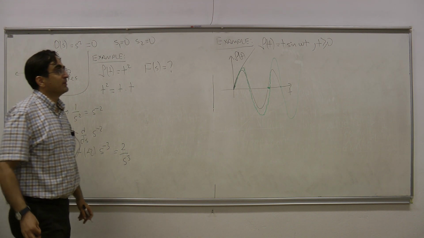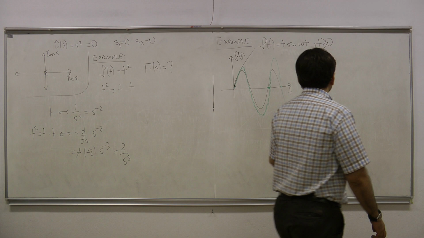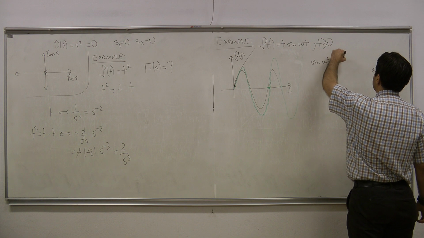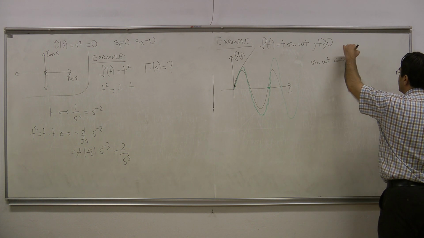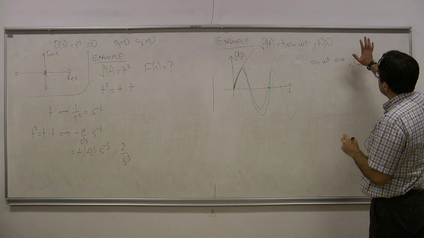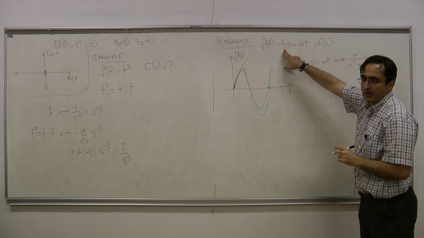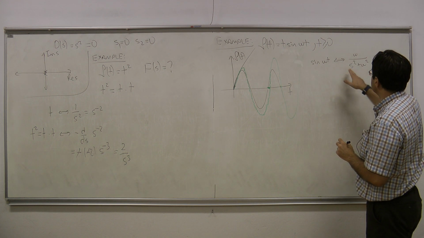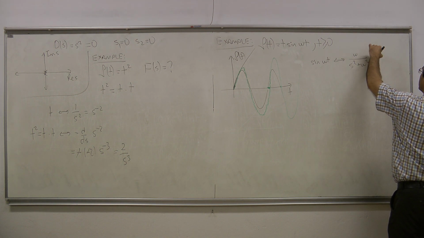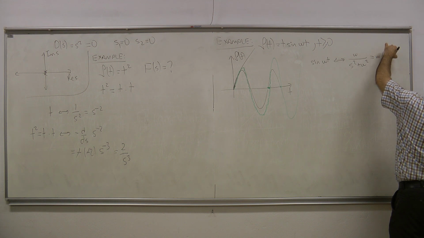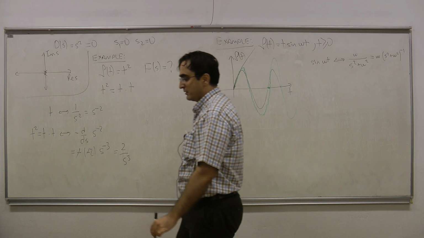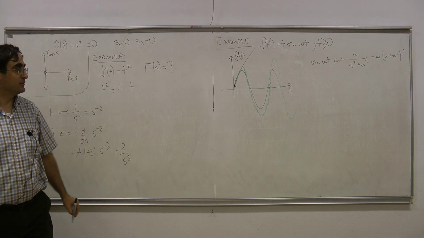So in this case, what is the Laplace transform of this function? I need to look at the Laplace transformation of sine omega t. It is going to be omega over s squared plus omega squared. So we see that if I multiply this one with t, then I need to take the derivative of this thing with respect to s. In order to be able to take the derivative, I will write this thing like this, which is the same thing. Okay, but it's going to make taking the derivative easier.